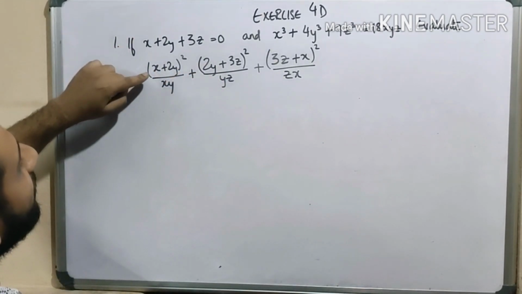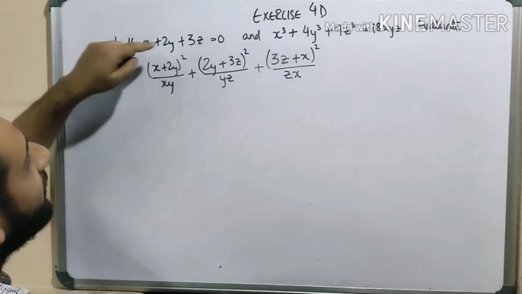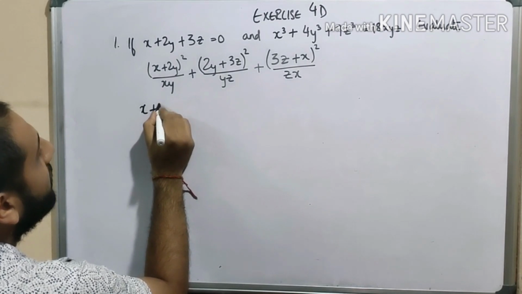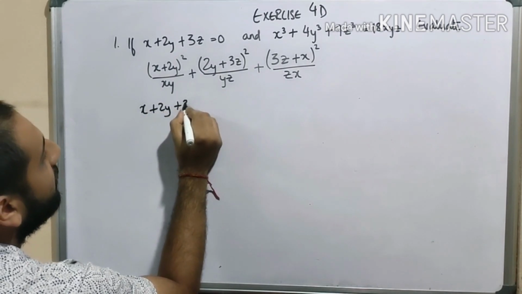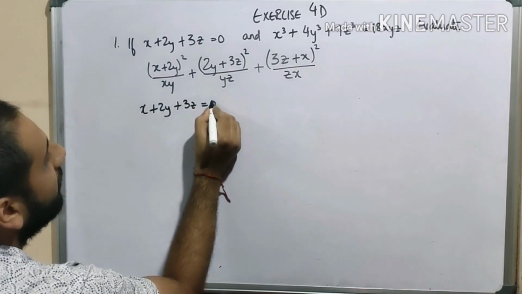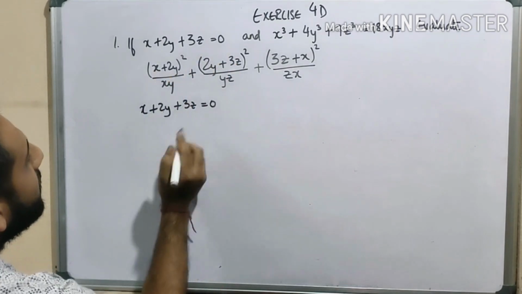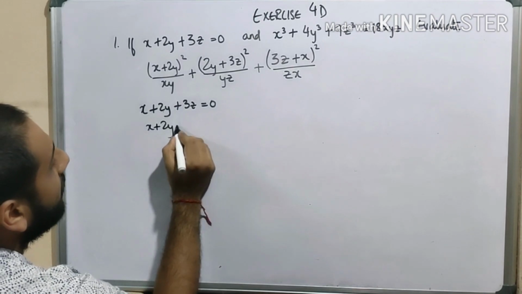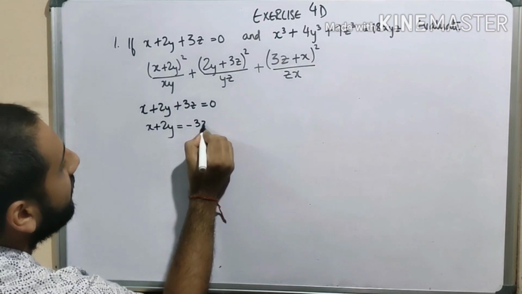Now, I'll replace the value of this in terms of x, y and z. Okay, let us see. x plus 2y plus 3z is equal to 0. This is given. Now, x plus 2y is here. So, x plus 2y is equal to minus 3z.